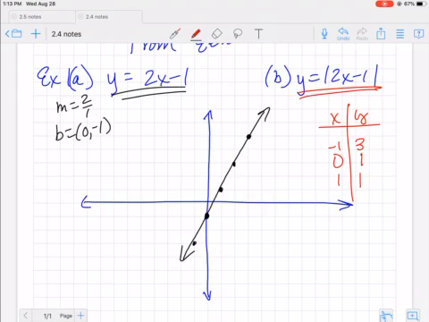So now I have the point 0, so I have the point over 0 up 1. I have the point over 1 up 1.